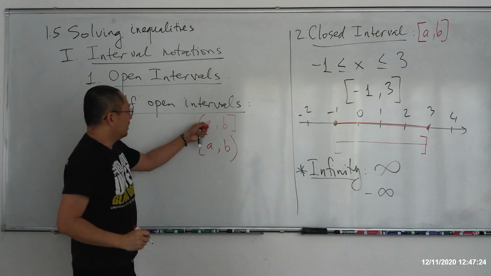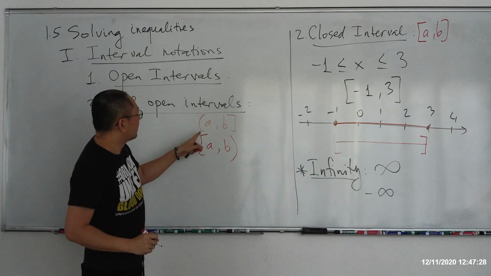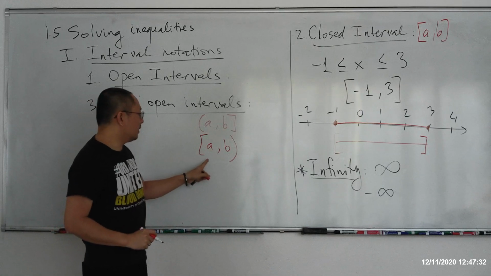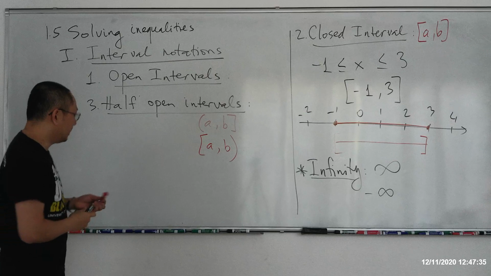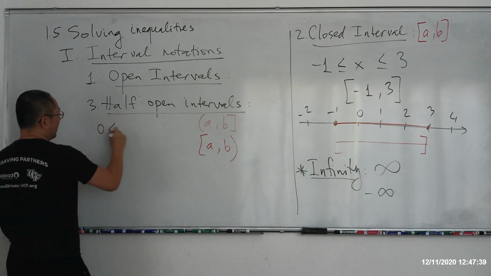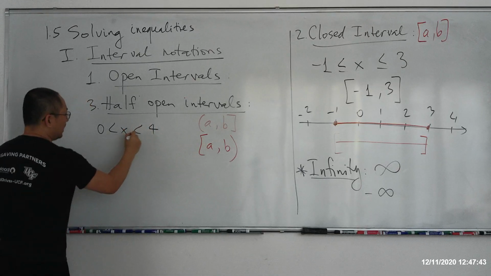Parenthesis means open, bracket means closed, as we learned before. But this is open on the left and closed on the right, or closed on the left and open on the right. Example, say you have 0 less than x, less than or equal to 4.